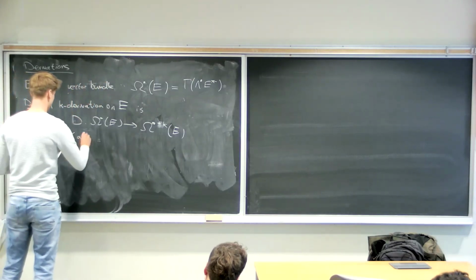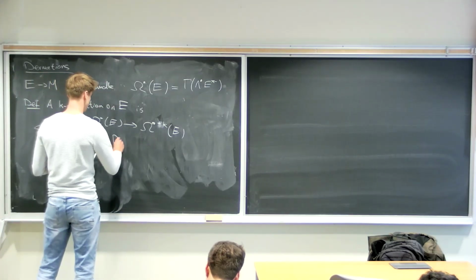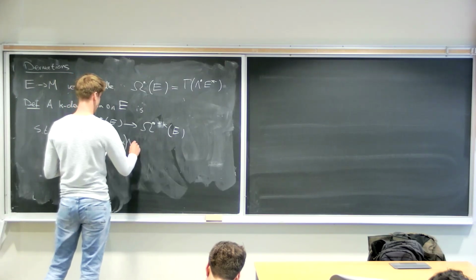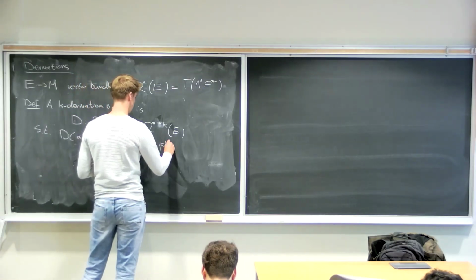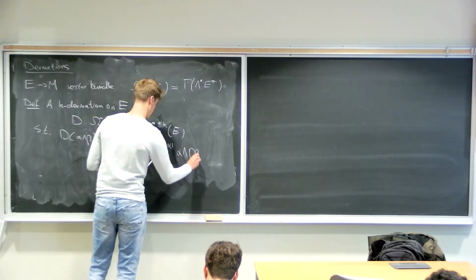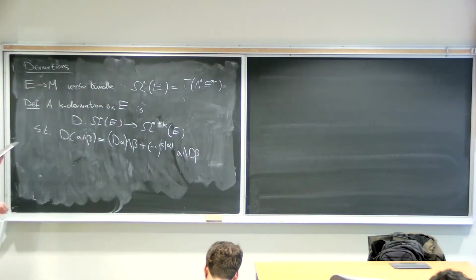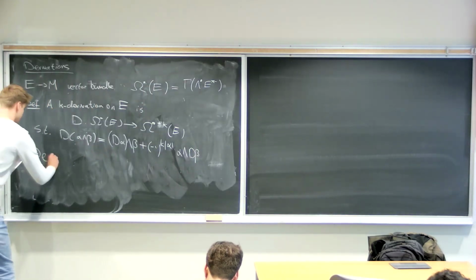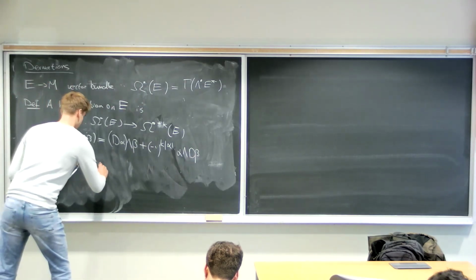So D of alpha wedge beta equals, it's a graded derivation, D alpha wedge beta plus minus one to the k times the degree of alpha, alpha wedge D beta. And we use the notation Der_k(E) for the set of k-derivations.